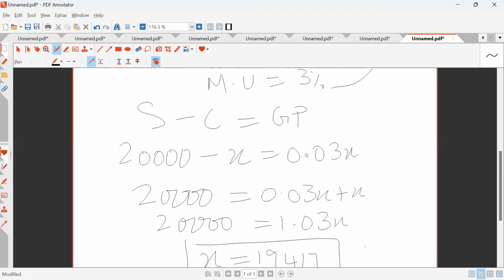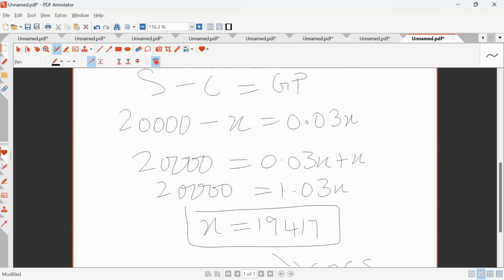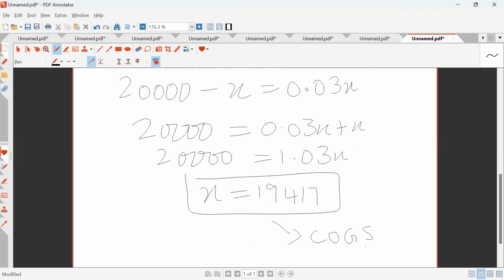Sales is 20,000. I don't know the cost, but the profit is markup 3%, 0.03x. So 1.03x equals 20,000, and 20,000 divided by 1.03 is 19,417 for my cost of goods sold. Sometimes in ratios or in incomplete records, examiner can ask such questions.